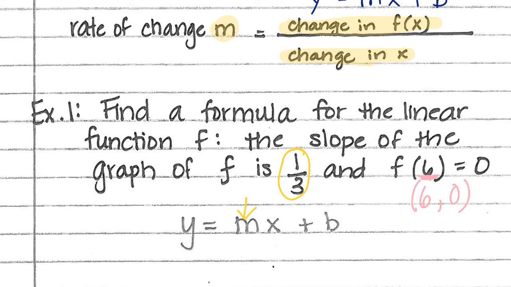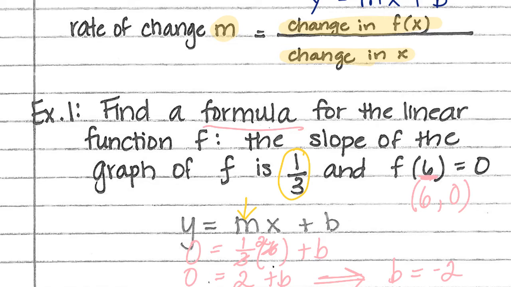So let's plug in numbers. 0 is equal to my slope times my x plus b. 0 is equal to, well, 3 and 6 cancel out to be 2. 2 plus b, I ran out of room. So b is equal to -2. But they want us to find a formula.